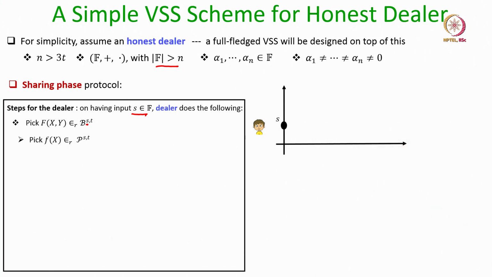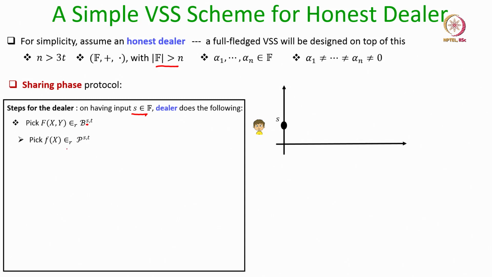Either it can pick all the remaining coefficients of the bivariate polynomial randomly except the constant term. That is one way of picking the random bivariate polynomial f(x, y), or it can do the following.